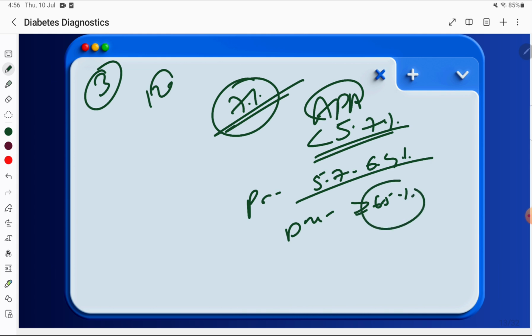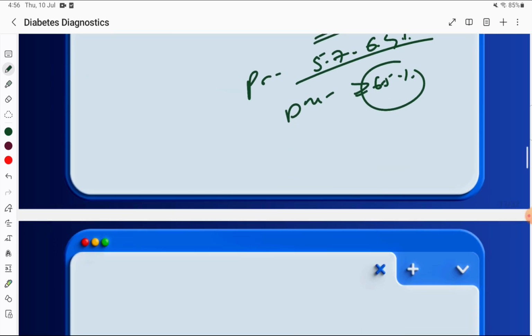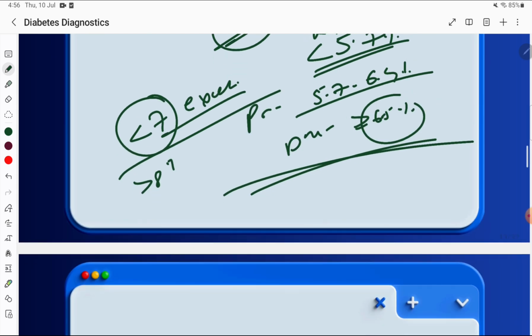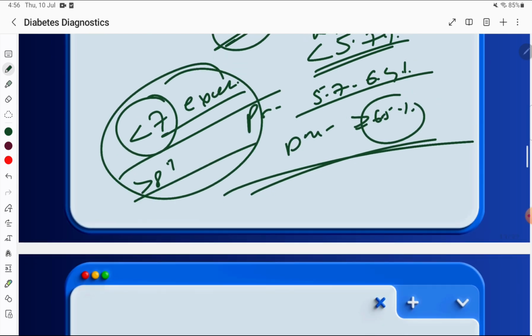It is confirmed with a second test unless the patient is symptomatic. Now for diabetics, you must remember that an HbA1c of less than 7 means excellent control over his sugar profile, and if it is more than 8, you must remember that the blood sugars are poorly managed, right? This is the condition for diabetic people.